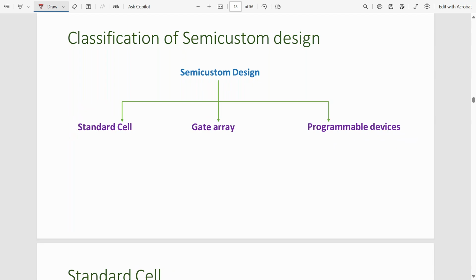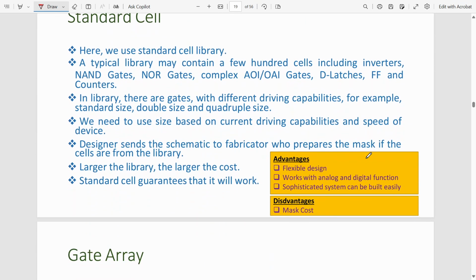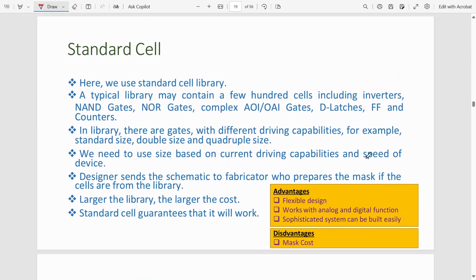Okay, programmable devices. So standard cells, I told you, are basically available as inverters.